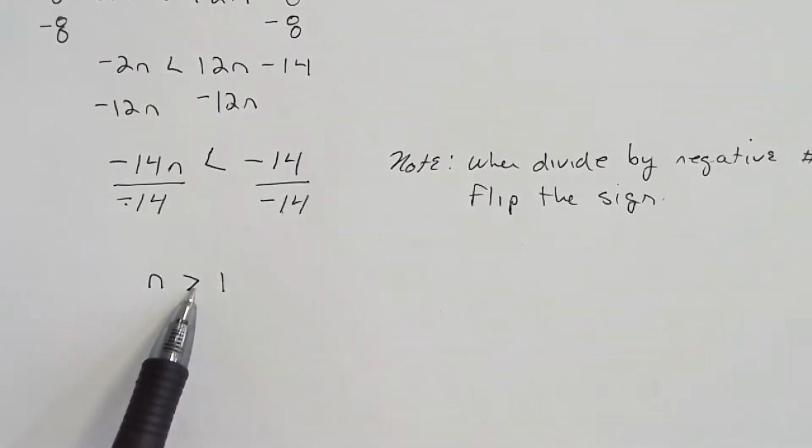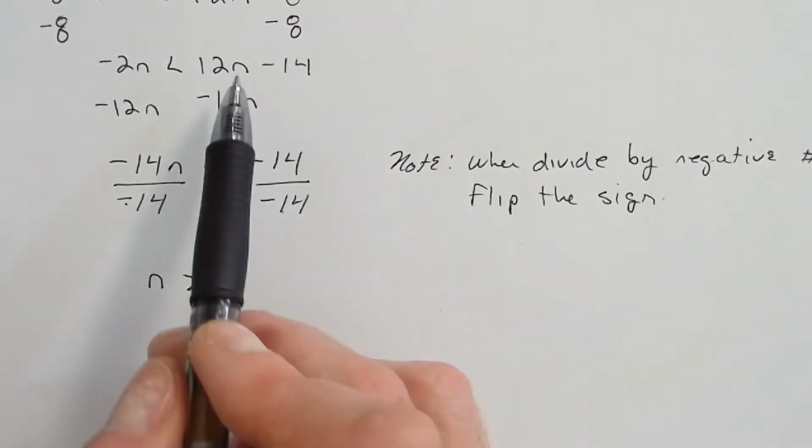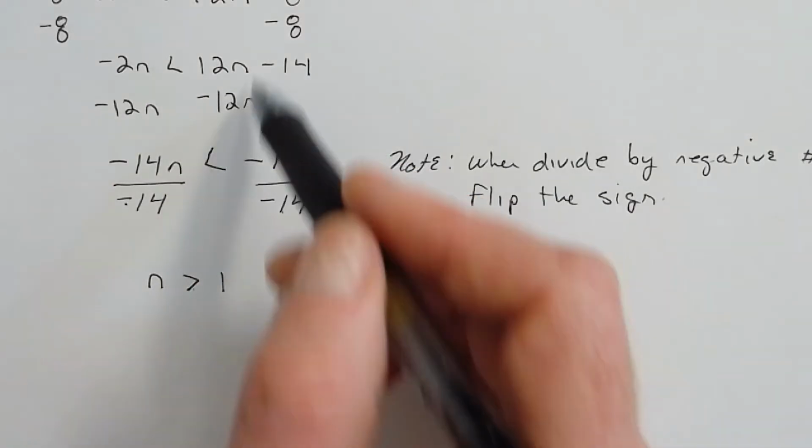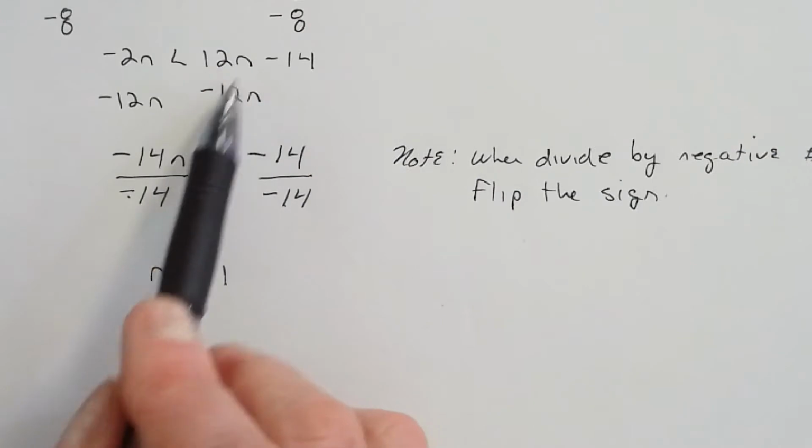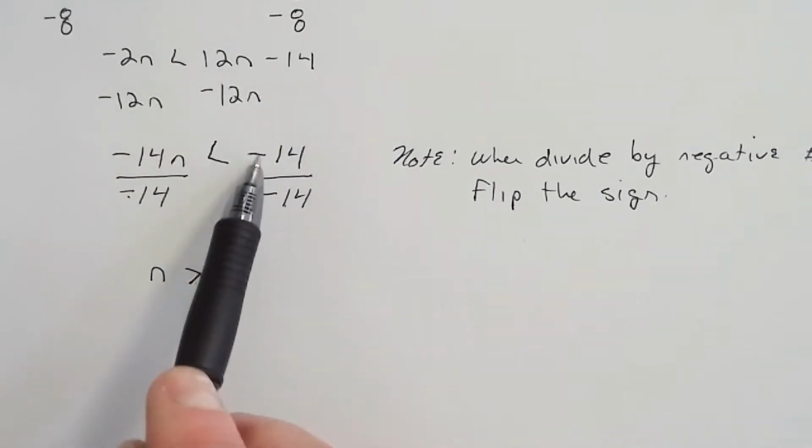Yes? What's that? Yeah, on this side the n's fall out. So 12n minus 12n becomes 0 on this side.